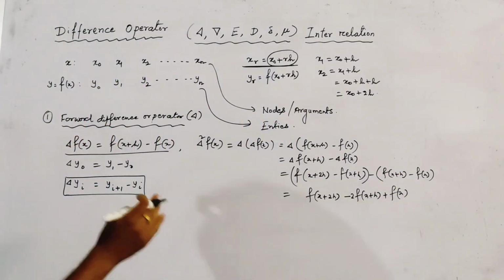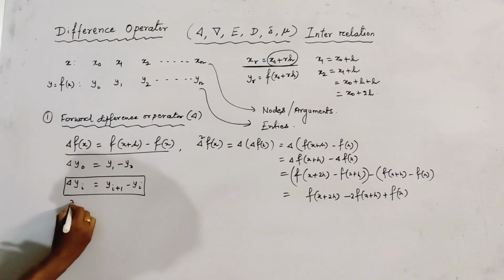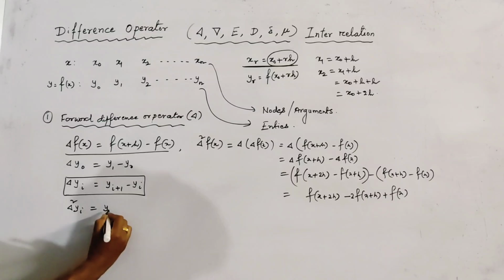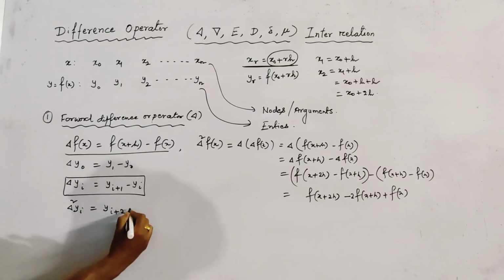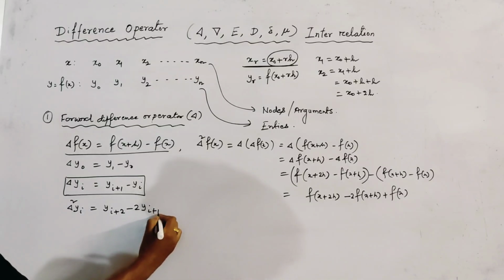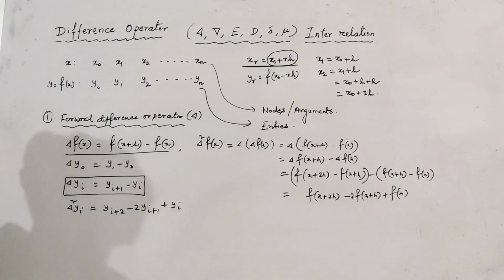If we use delta square yi, we get the relation yi plus 2 minus 2 into yi plus 1 plus yi.